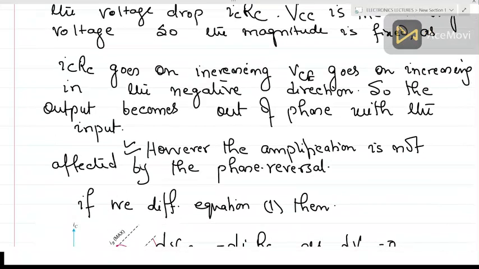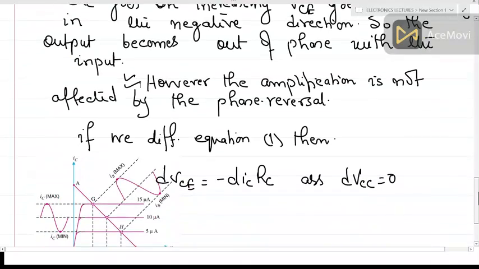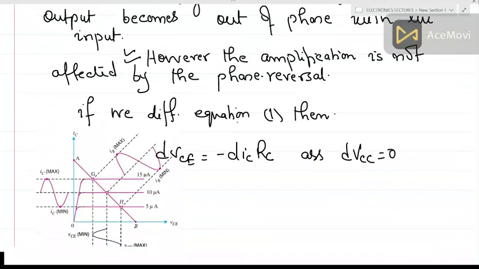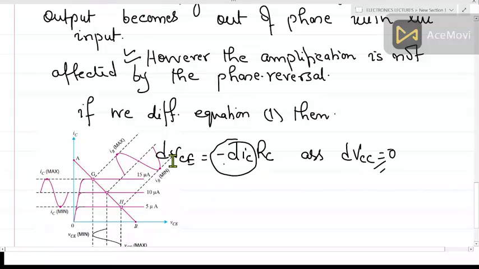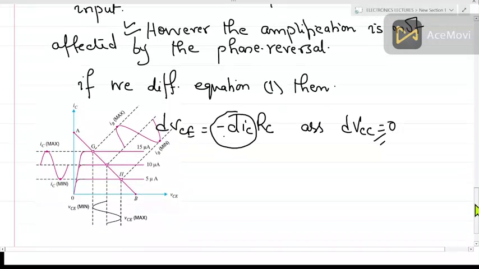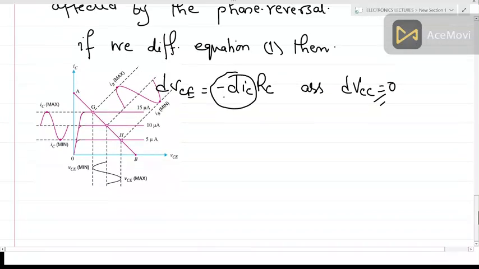And this is the phase change. This is the out of phase condition. And you must remember that the amplification is not affected by phase reversal. You can check this if you are asked in the examination, by differentiating this equation. VCC is constant, so it will be 0. dVCE will change only with this IC, and it is minus IC.